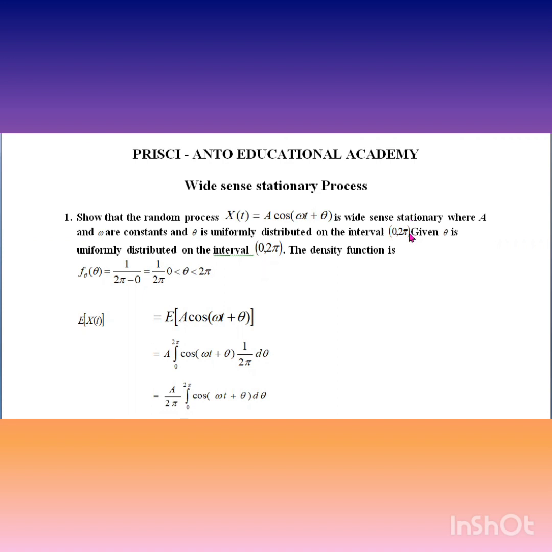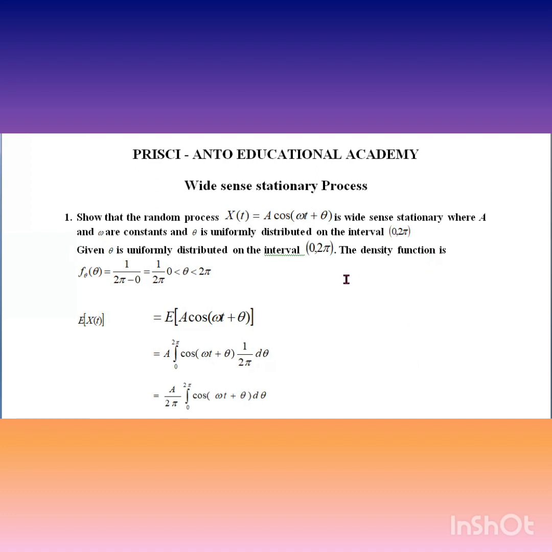So what is given? Theta is uniformly distributed on the interval 0, 2 pi. Therefore, the density function of uniform distribution is f of x is equal to 1 divided by b minus a, where a is less than x less than b.